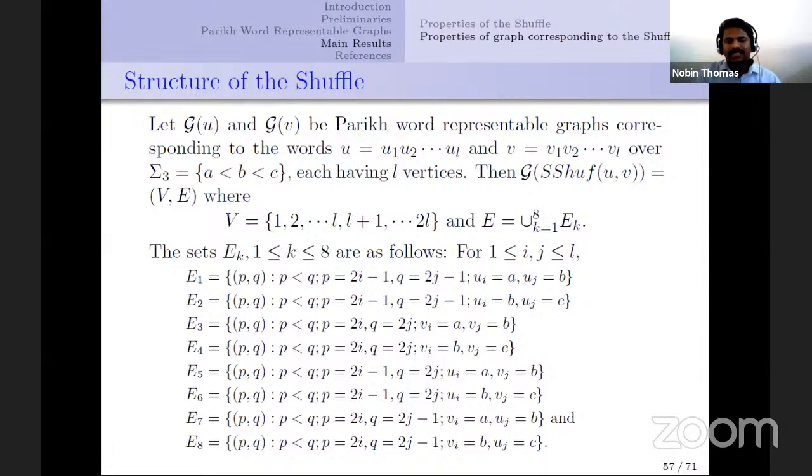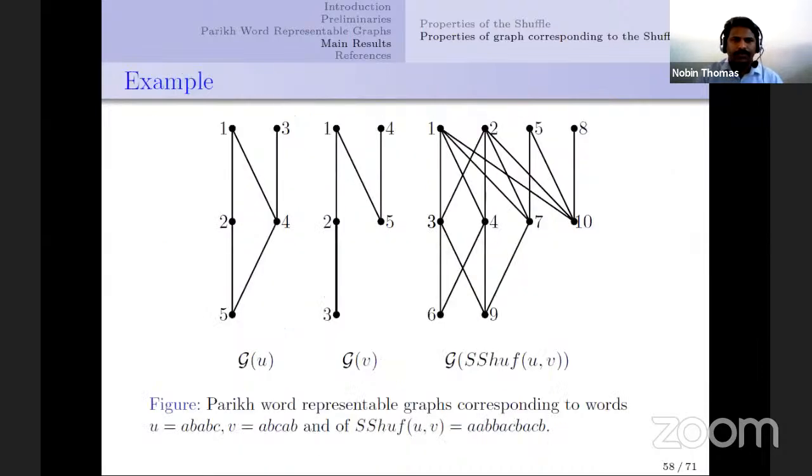The sets Ek are given below. Here E1 and E2 are the edge sets for G(u), and E3 and E4 are the edge sets corresponding to the graph G(v). This is an example of a graph corresponding to the shuffle of the words AB, ABC and ABC, AB.